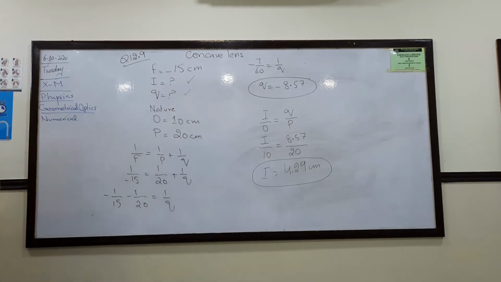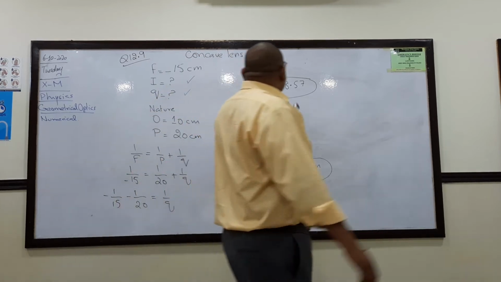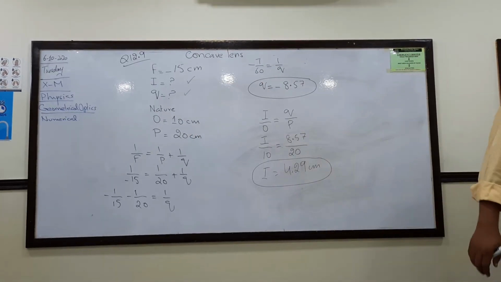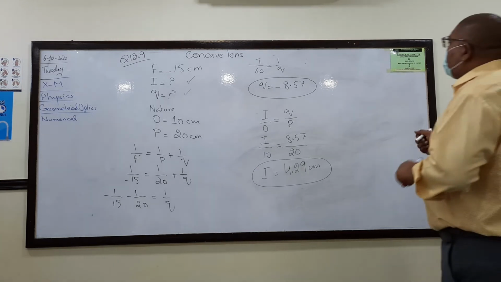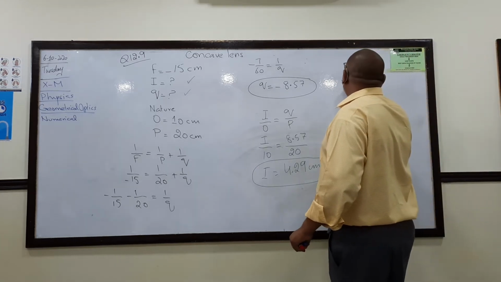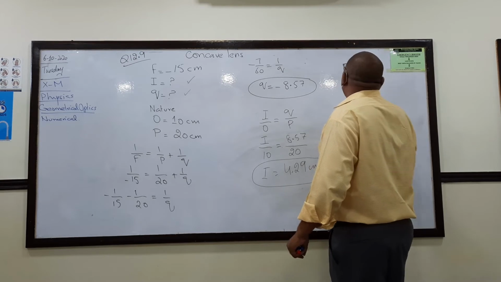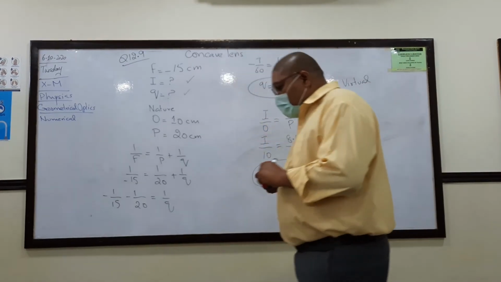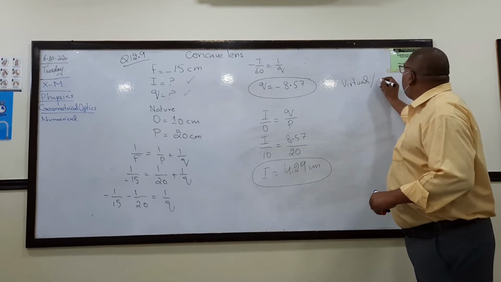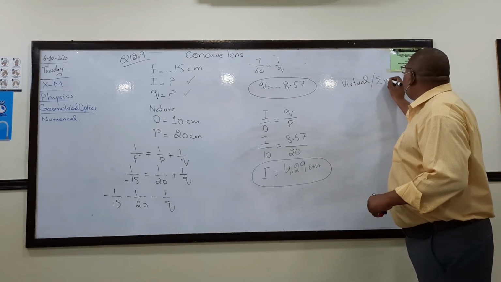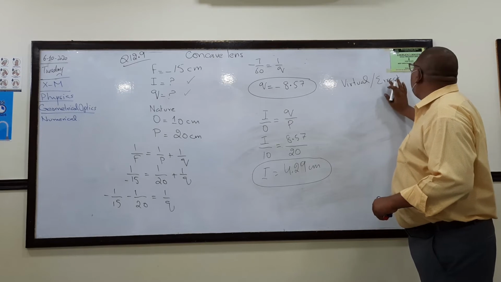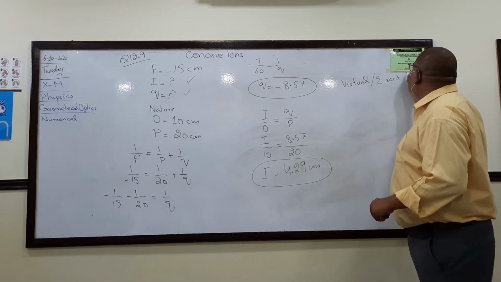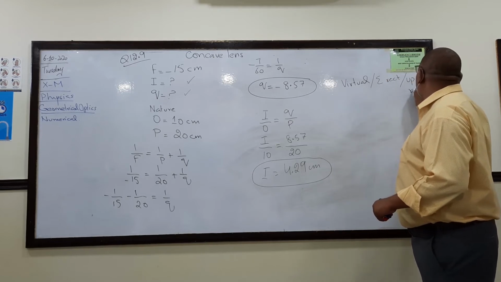Another thing he was asking was the nature of the image. You see, the q value is negative. If the value of q is negative, this shows that the image is virtual. When the image is virtual, it will be erect. We say the word erect, or we also use the word upright.